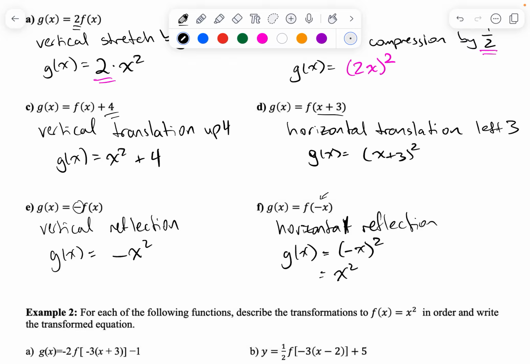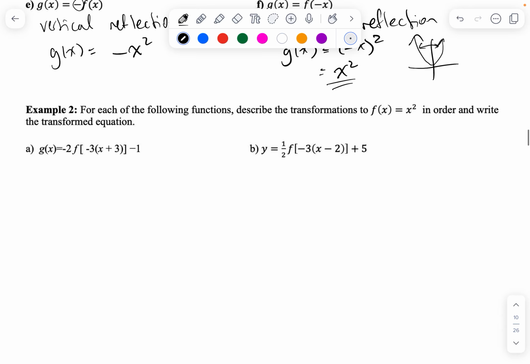So a horizontal reflection has no impact on a parabola. And you can see that. Like if I take this and I reflect it horizontally, one arm just reflects onto the other and nothing really happens. Okay?